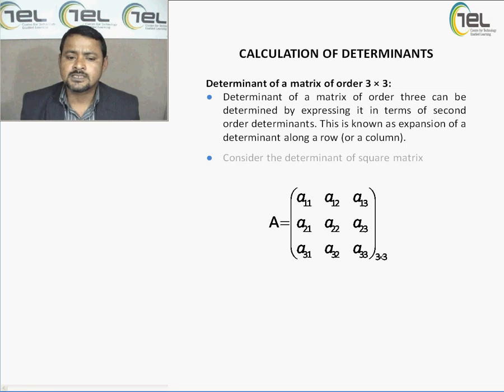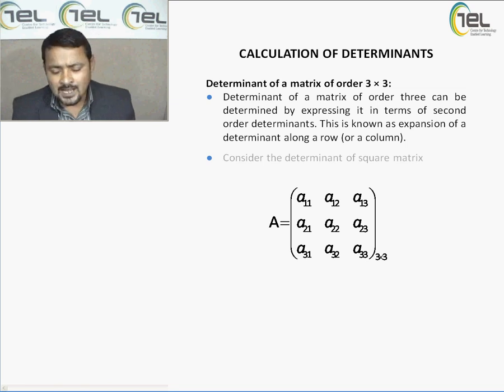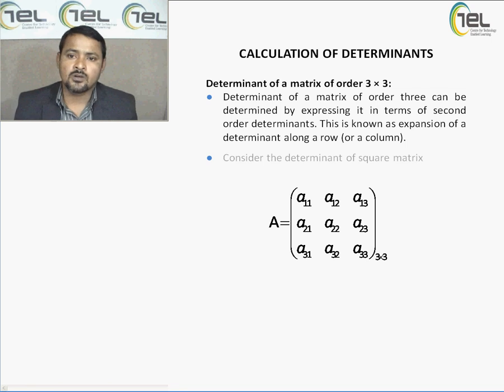These are known as second order determinants because we have to quite remember the formulas, remember the values, so that we will be in a position to calculate them. We are going to calculate the value of a 3 into 3 order matrix by expanding along either the row or the column.